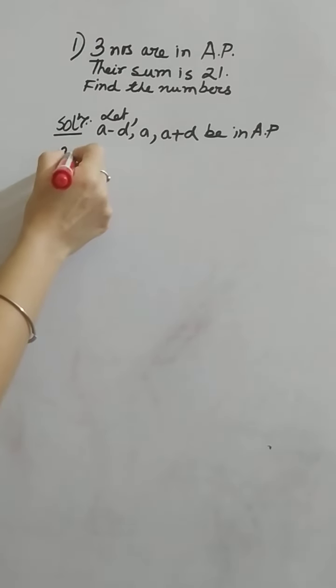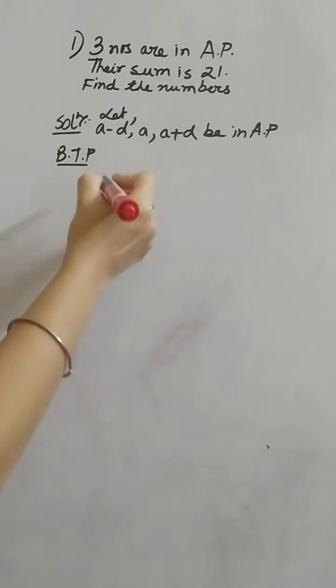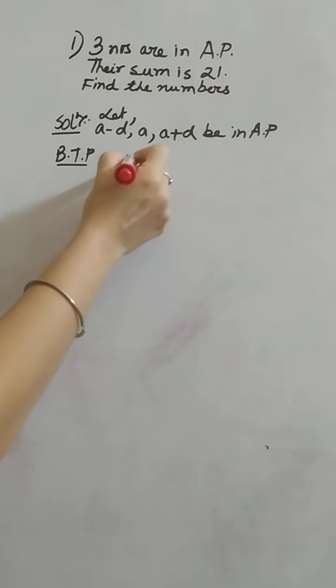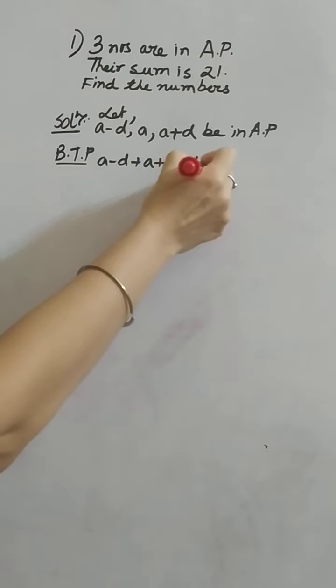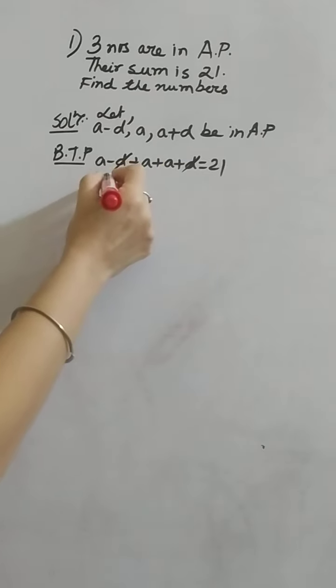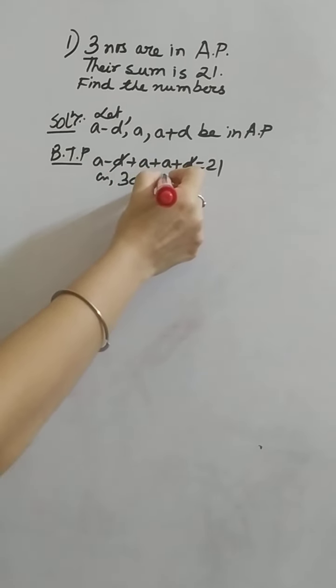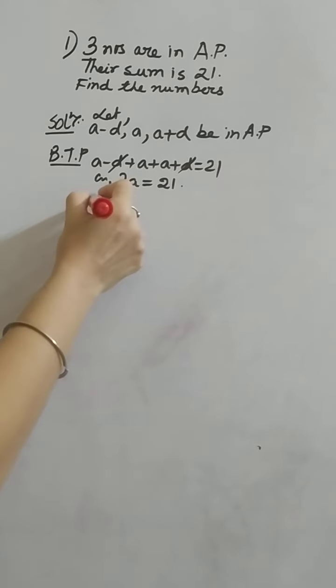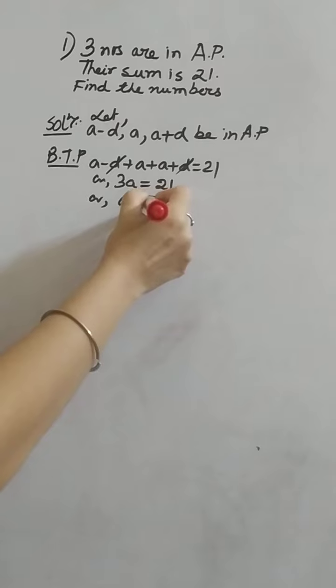By the problem, the sum is 21. So A minus D plus A plus A plus D is equal to 21. D gets cancelled, or 3A is equal to 21, or A is equal to 7.